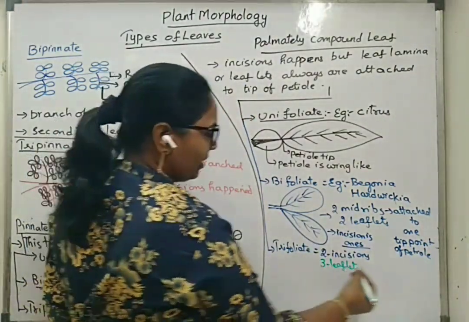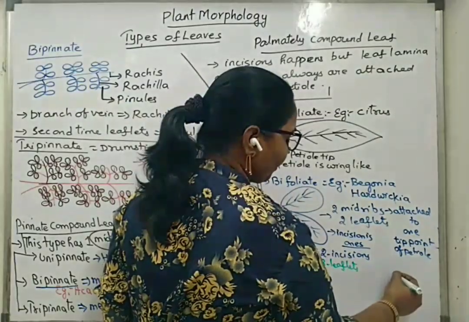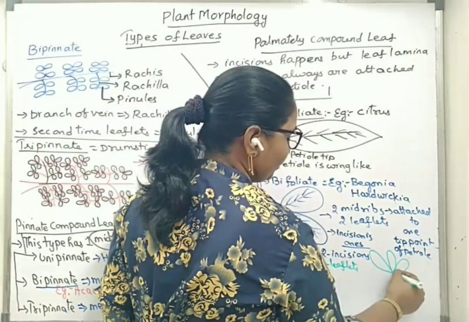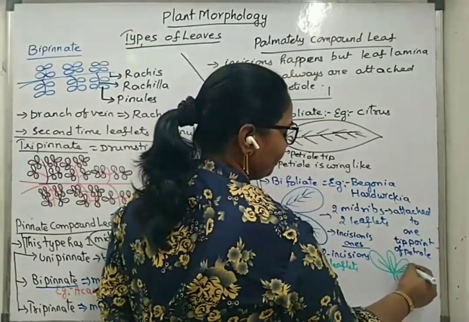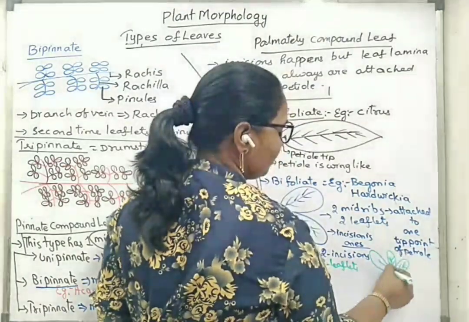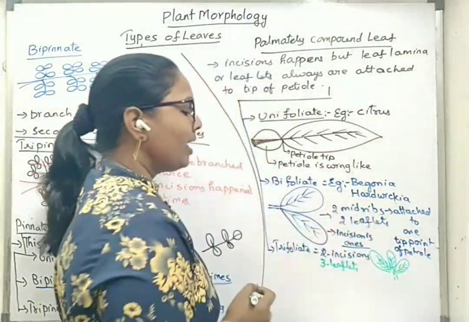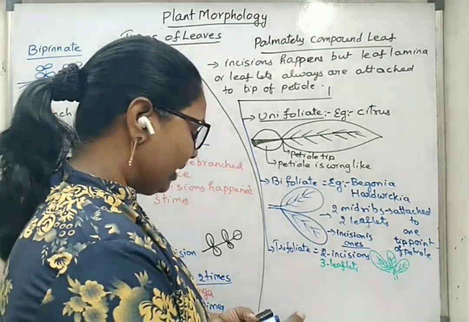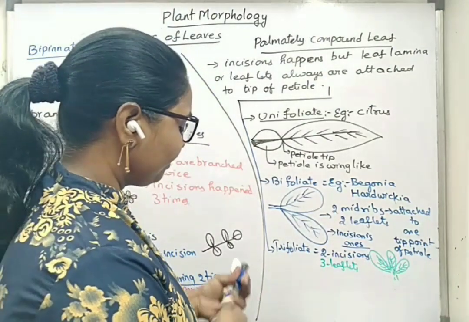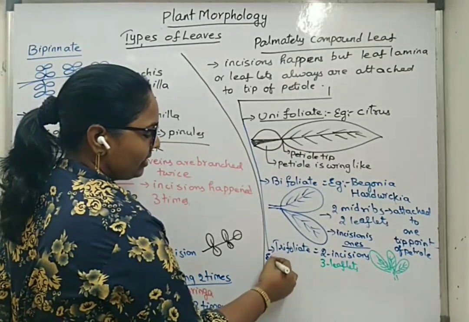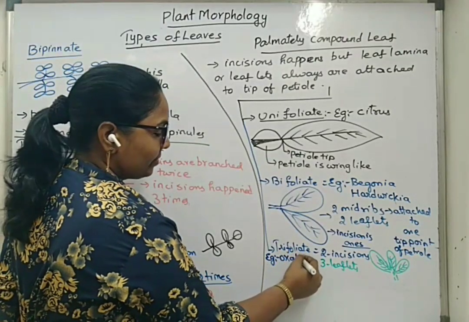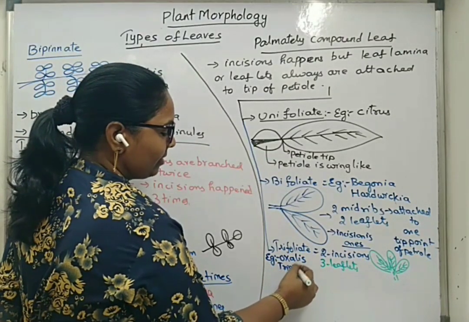If we go for a diagrammatic representation, 1, 2, 3 leaflets will be there. All are attached to the same point. Examples are oxalis and trigonella.